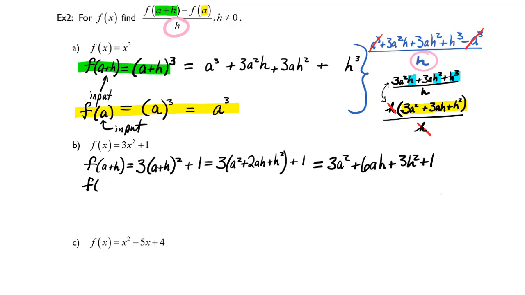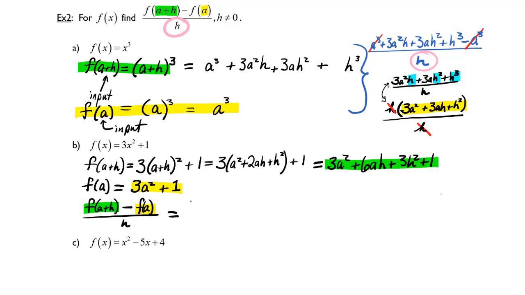Now let's find f of a. a is my input. That will give me 3 times a squared plus 1. Now let's find f of a plus h minus f of a all over h. By color coding, I need to put f of a plus h first and subtract f of a from it.